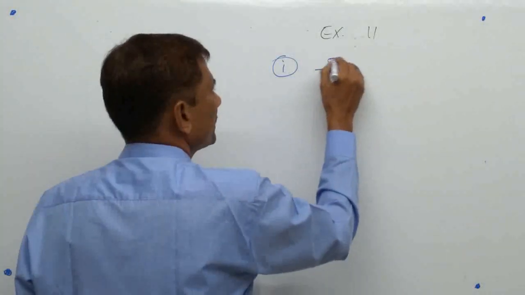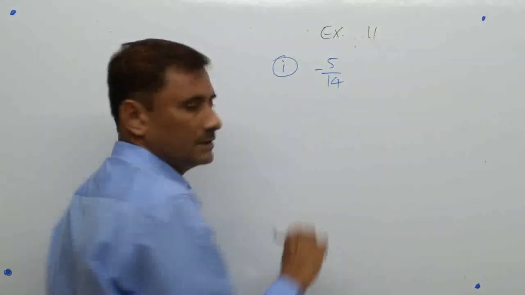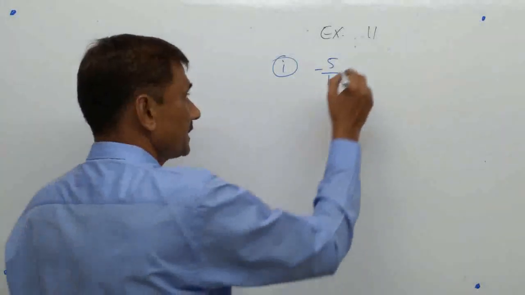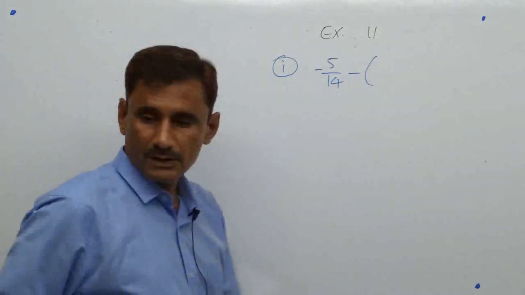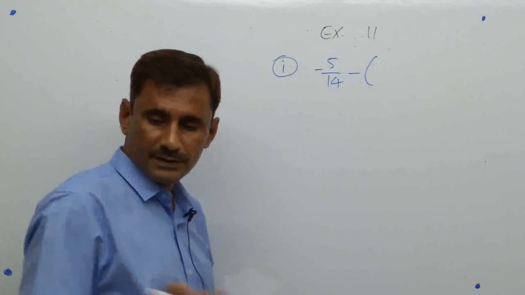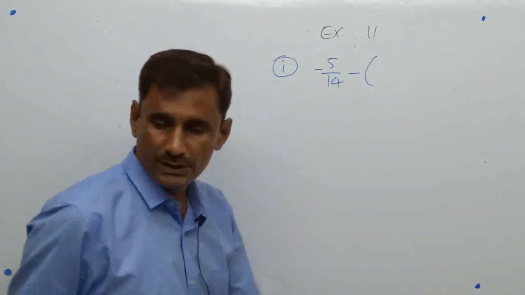Minus 5 by 14 first. Okay, minus 4 by 7 subtracted from minus 5 by 14.